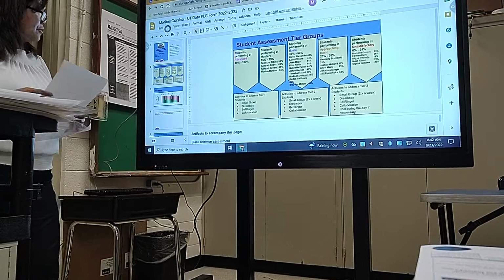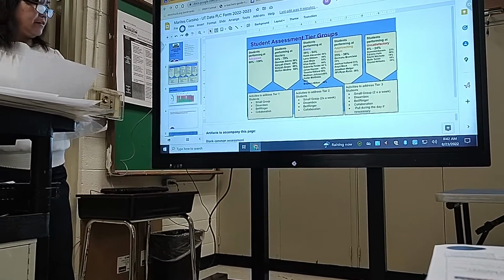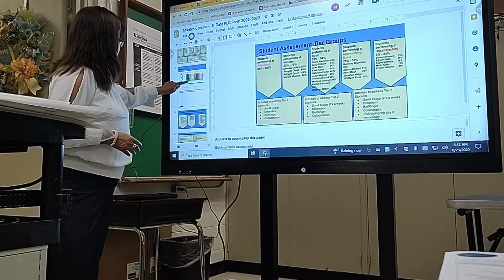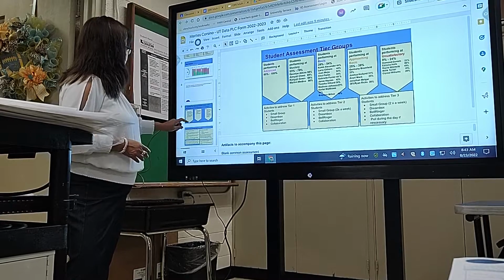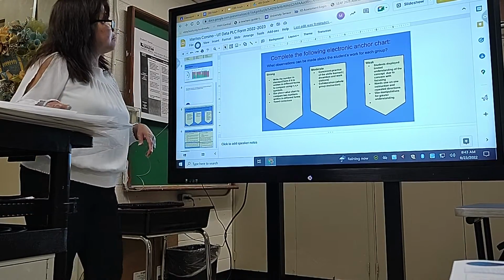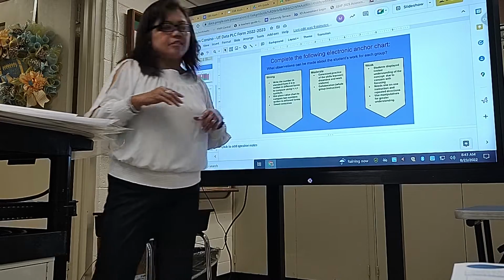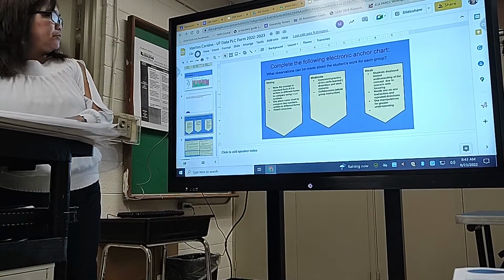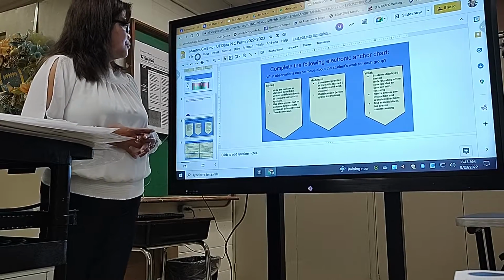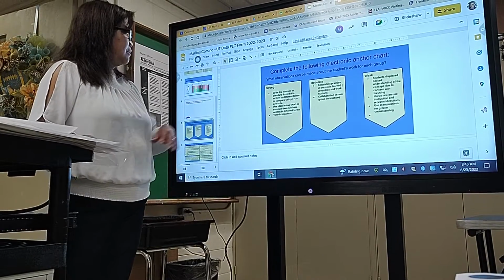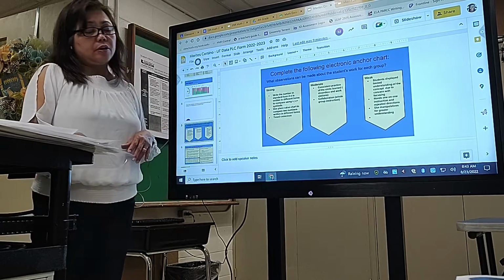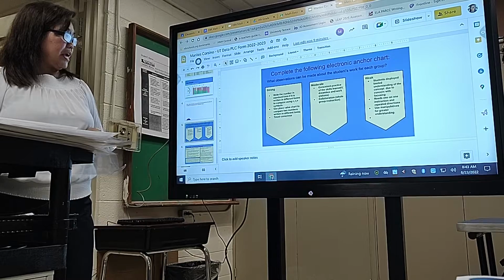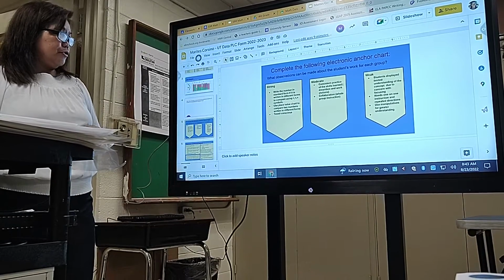We are still using DreamBox, and we still have to do the workstations. I also allow them collaboration within the whole group instruction, like when they are doing the application problem. And sometimes we have an activity that they can do by partner.